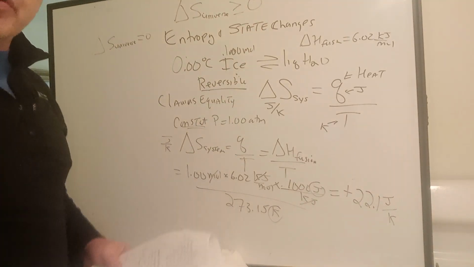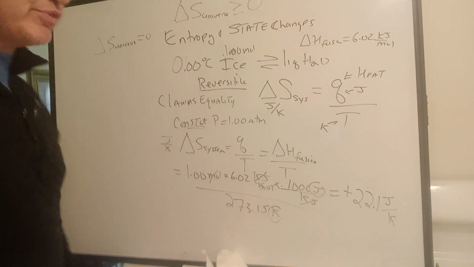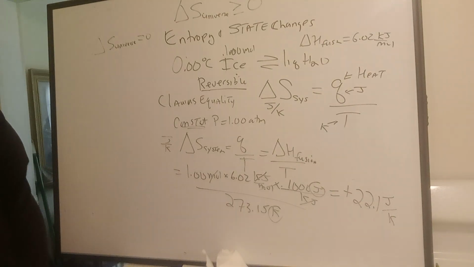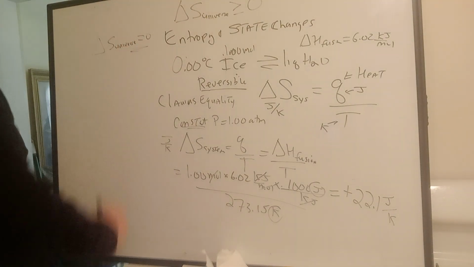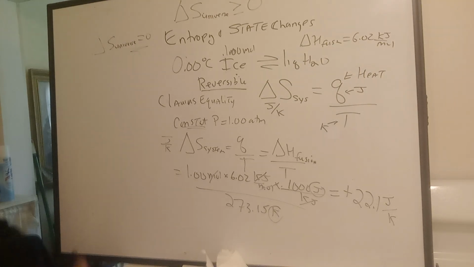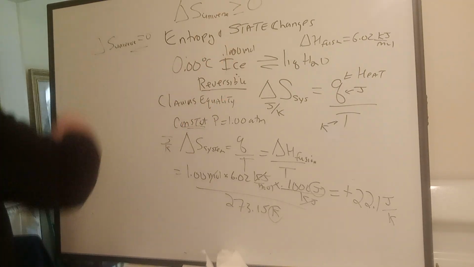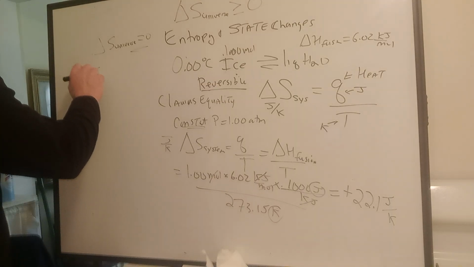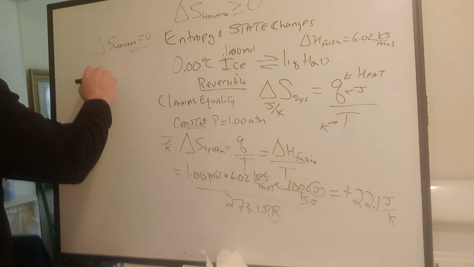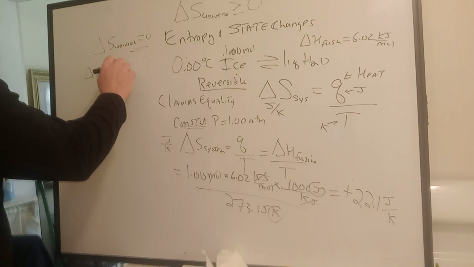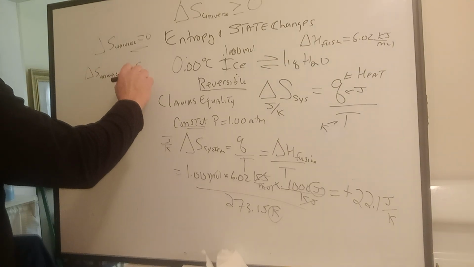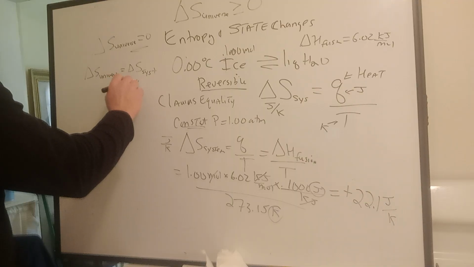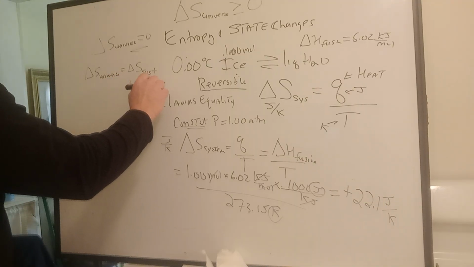It's never decreasing. And in this case, when you're at equilibrium, or you have a reversible system, delta S universe is equal to 0, which means delta S universe is equal to delta S for the system plus delta S for the surroundings.